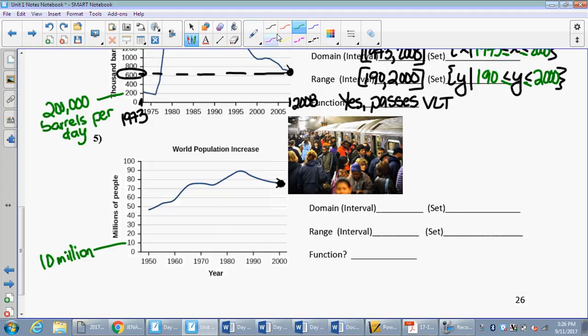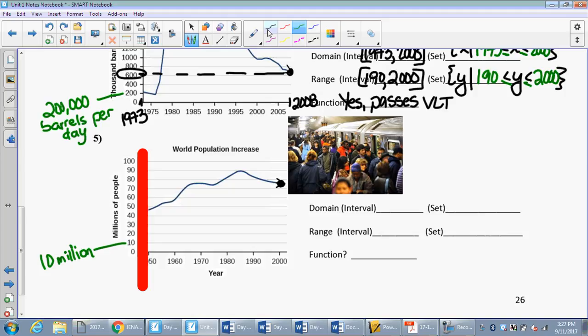So when I use my pencil, let me get my pencil back on the paper. For the domain, we're going to come in from the left and the right first. So when I come in from the left, I notice that my graph doesn't actually start over here at that 0 initial value. It actually starts at 1950. So there was no need to count backwards at all.